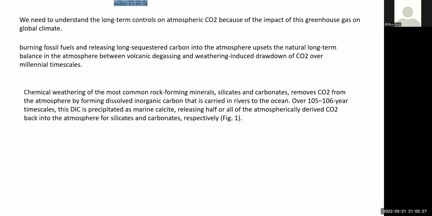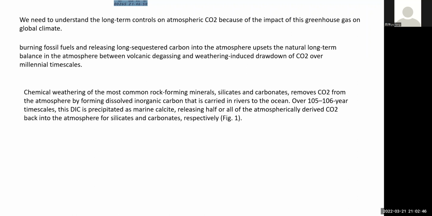However, in the current scenario, due to the burning of fossil fuels, a large amount of carbon dioxide is released, and this carbon dioxide had been sequestered for long, and this upsets the already existing balance.